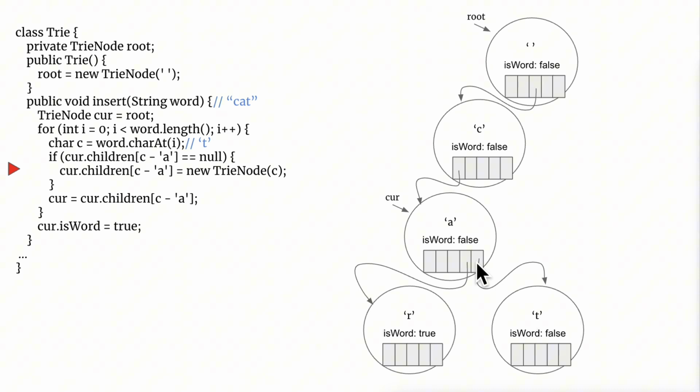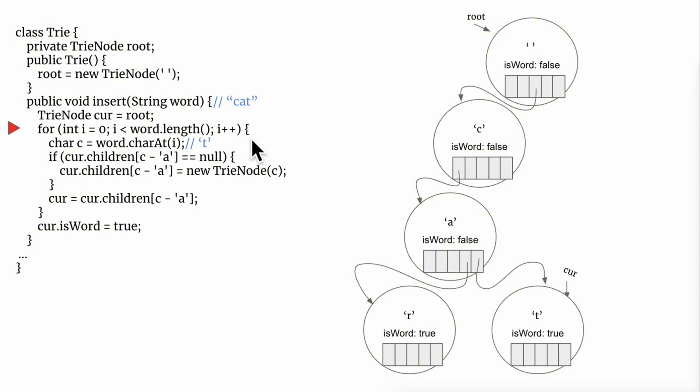As I said, I cannot draw the whole array here. We can imagine this is a 26 sized array, and this index is 19. We copy this trie node reference address to the pointer cur. So pointer cur currently refers to this node as well.